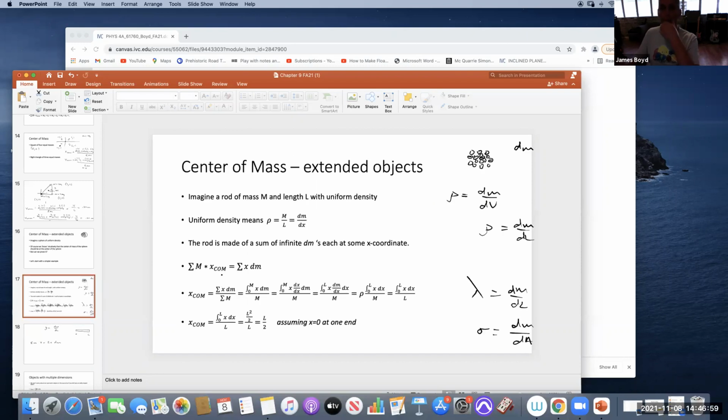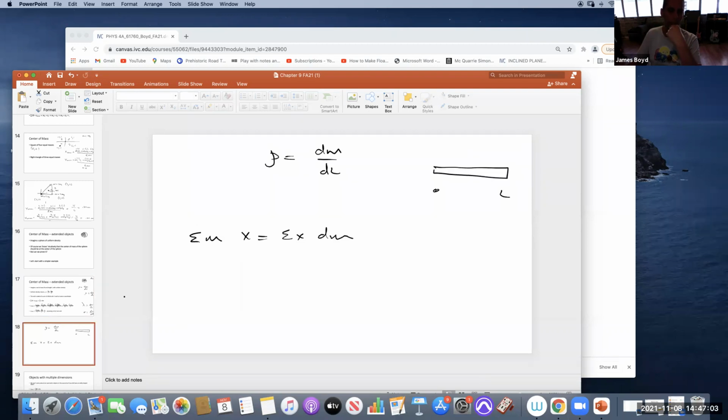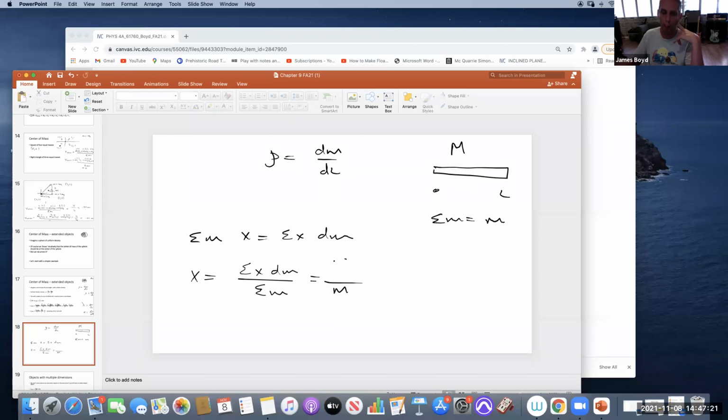That might look weird to you, and that's okay. But rewriting this, we get the sum of the x's times dm over the sum of the masses. We know that the sum of the masses of this whole rod is M. This rod has a mass M. What we're left with on top, however, is the sum of the distances times each little infinitesimal piece of mass.